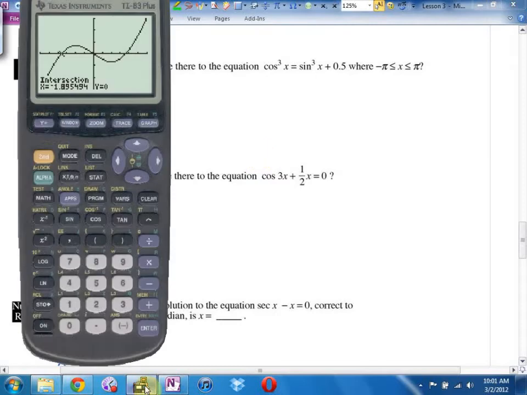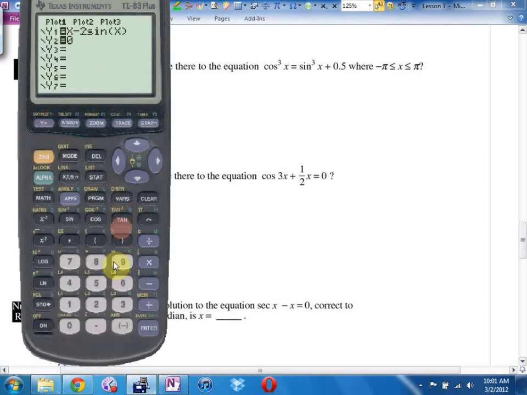I graphed this and I went, okay, I don't know what this looks like. Cos 3x plus a half x and 0. I said view window, negative 3 pi to 3 pi.